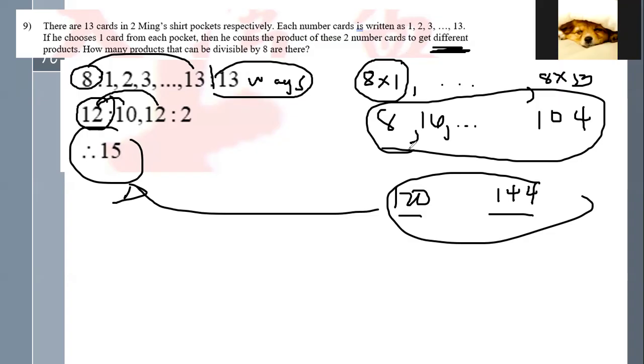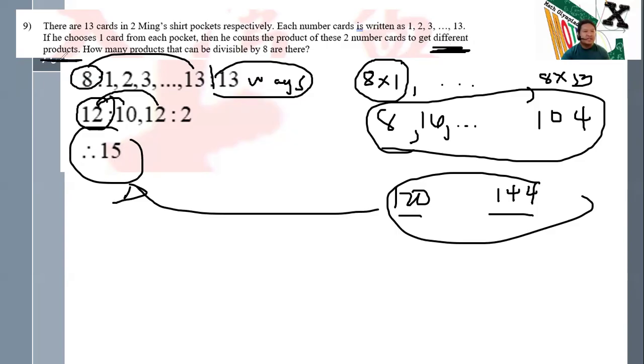If 4 times 2 equals 8, you cannot use it again, because the key there is different products. So the 4 times 2 case is another 8, which we already counted here.